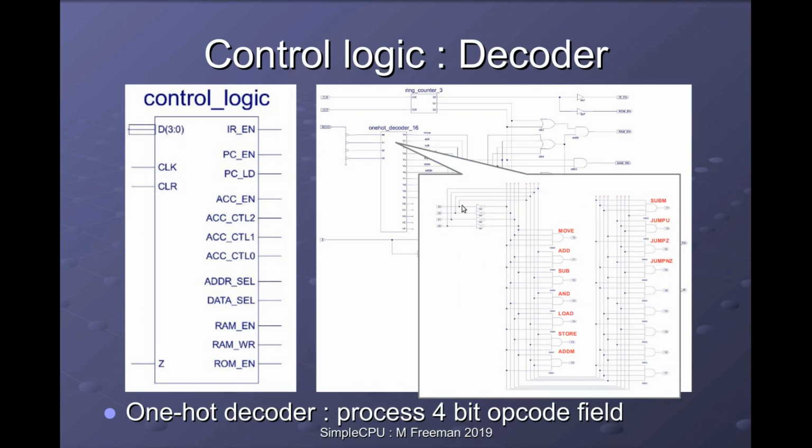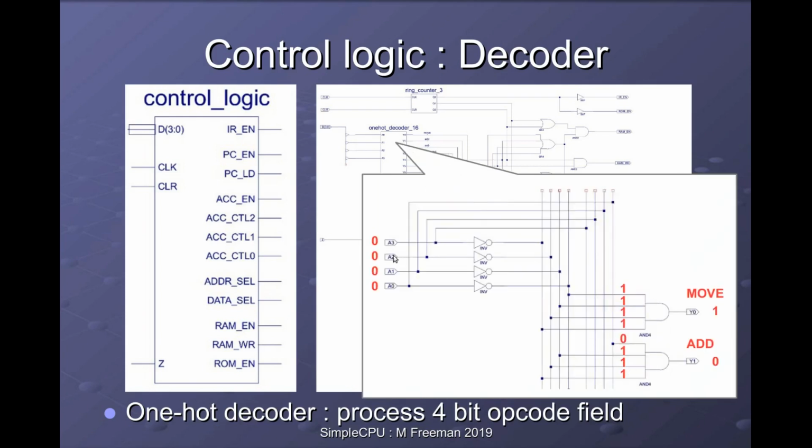If we look inside this component, we'll see it's our standard decoder. We take the non-complemented and complemented versions and pass them to 4-input AND gates, and each AND gate has a different combination of those signals, so that only one output will be set to 1 at any one time. If we zoom in and look at this one in detail, when we have an opcode of all zeros, that's inverted to all 1s, so this AND gate here is the only one which will be producing a logical 1 to indicate we're doing a move instruction.